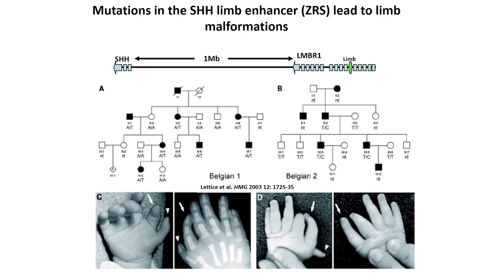And just to illustrate how problematic this is, I'll show you an example from a family that came into our lab that we characterized for this enhancer. The family had an extra finger, polydactyly, just like the previous mutations that I've shown you. The first thing that we did was sequence the sonic hedgehog limb enhancer to see if it has a mutation.